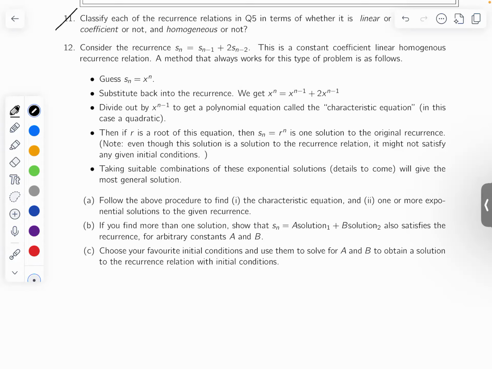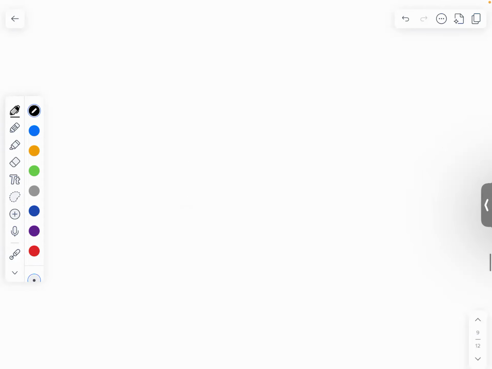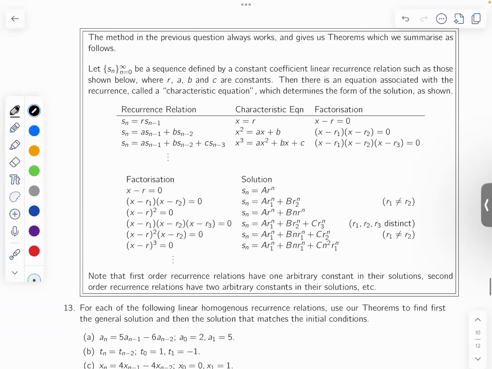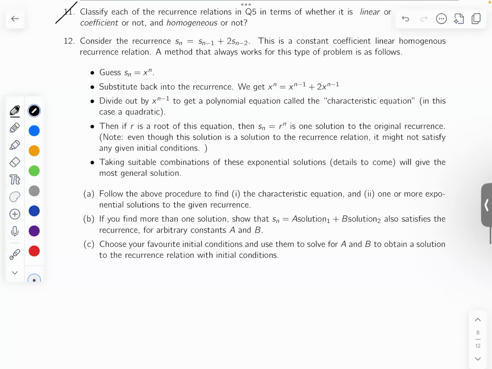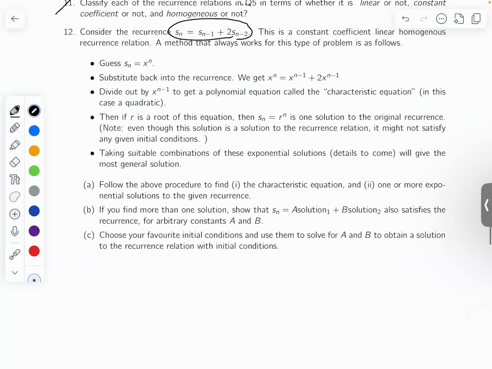Question 13, look at the instruction here. It's about the non-homogeneous version, and this one is going to teach us how to solve it.